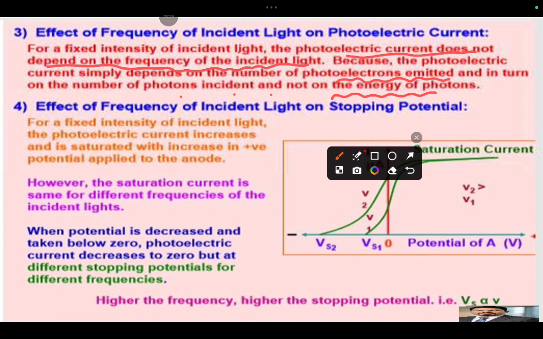So, the photoelectric current does not depend on frequency.